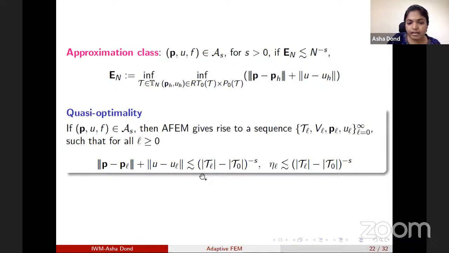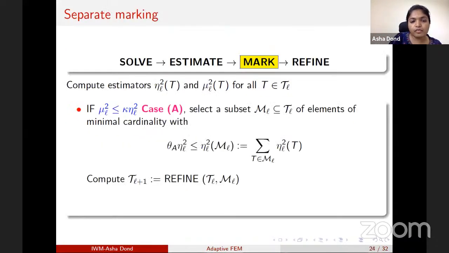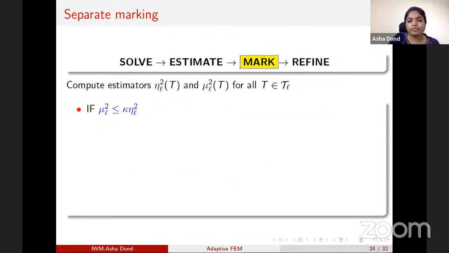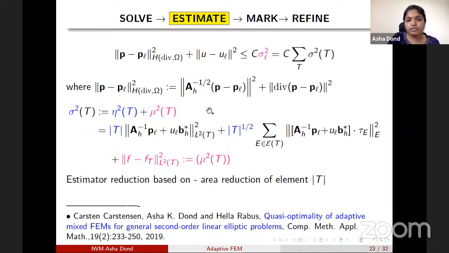And to prove that our adaptive algorithm has the best optimality result, we have designed an algorithm. Specifically, we have made a change in the marking criteria. When we saw the estimator, if you see carefully, it has 3 parts. The first 2 parts come with the coefficient h, which depends on the mesh size.